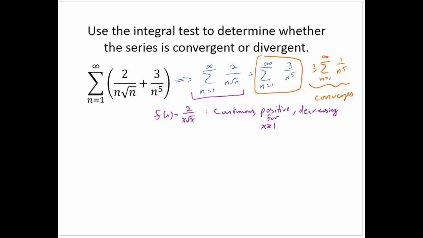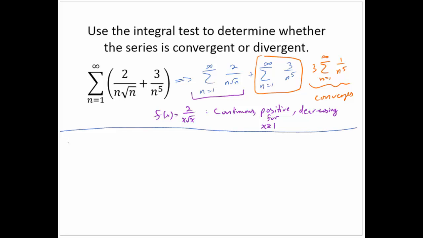It is decreasing. Remember, we're only considering x to be, in a sense, integers here. As x becomes larger, the denominator becomes larger, and a larger denominator means a smaller fraction. So it is a decreasing function. We could be more specific by using the derivative and the first derivative test, but that's a good enough argument for me.